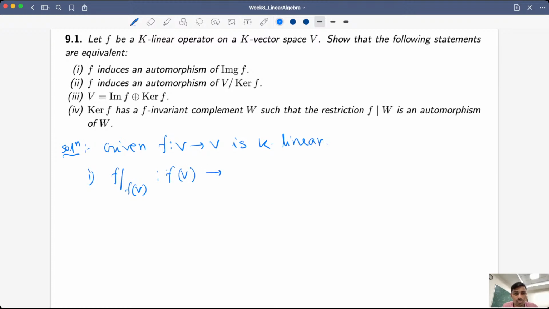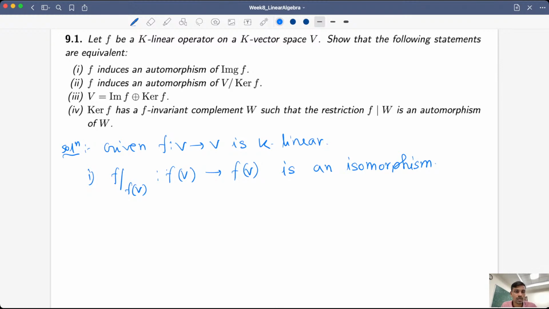But automorphism means this map is an isomorphism, right?